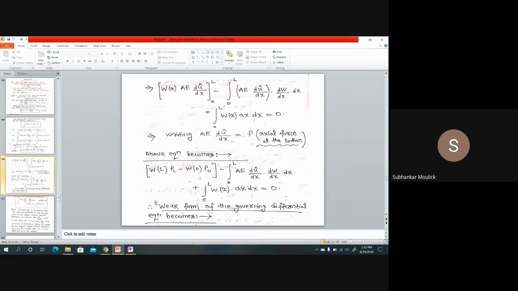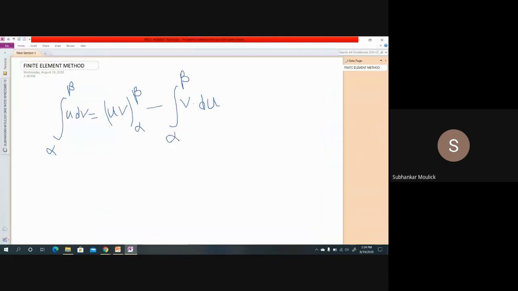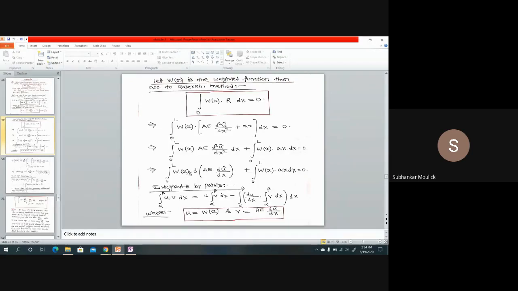See, I am writing. So my first term is what? u is my W of x. So if you see, u will be W of x into V. Your V is from d of v, V is your A into E du cap over dx.